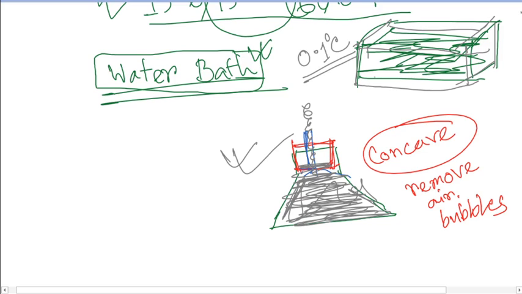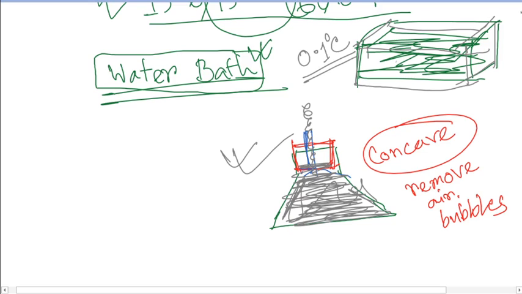So if it is 25 degrees centigrade, then either 24.9 or 25.1 degrees centigrade is the maximum it can deviate, but not more or less than that. So we need to maintain this, and once it is prepared, we can use our pycnometer there.